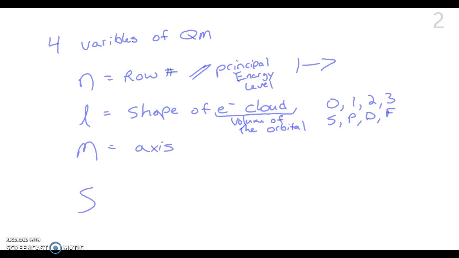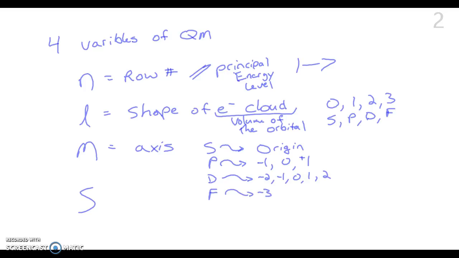M stands for the axis. Now, we primarily only have 3 main axes. So s locates at the origin. p has values of -1, 0, and +1. d has -2, -1, 0, 1, and 2. And f has -3, -2, -1, 0, 1, 2, and 3.